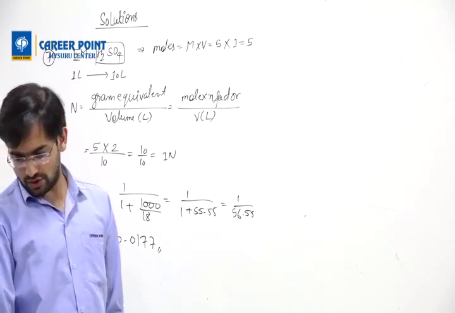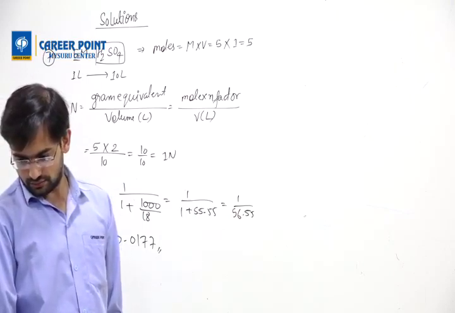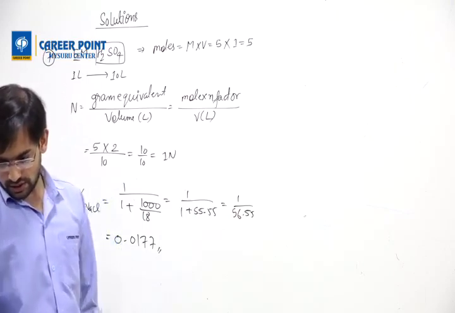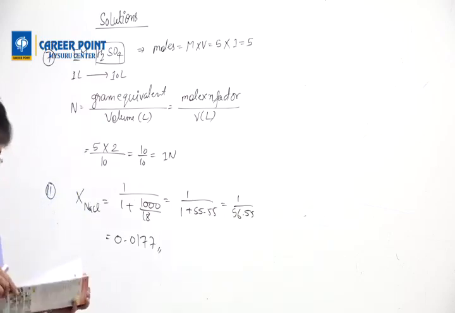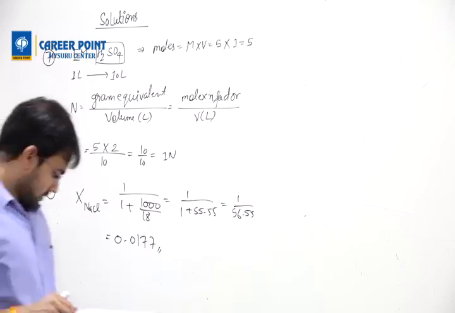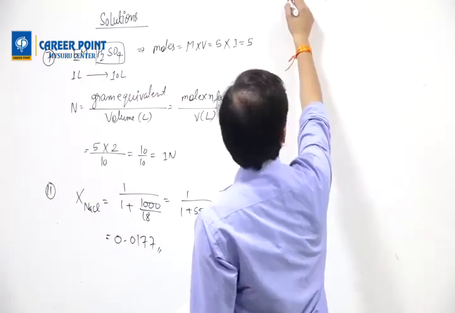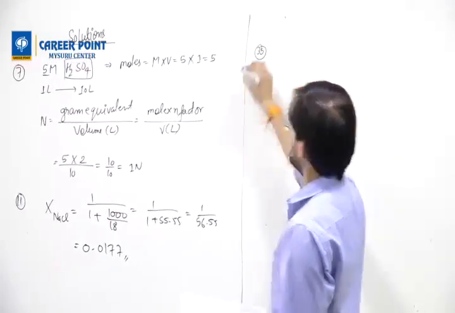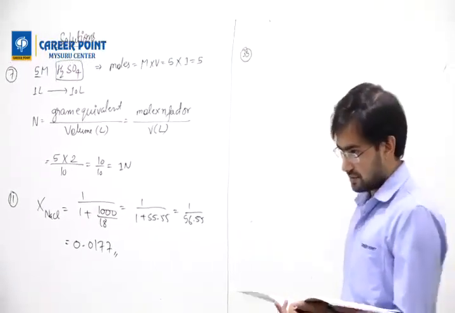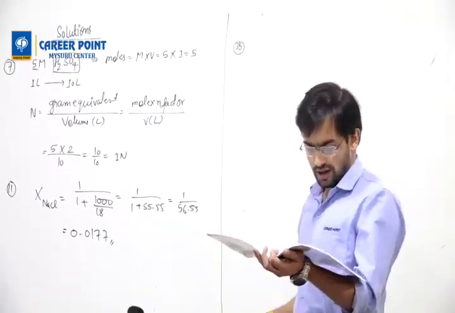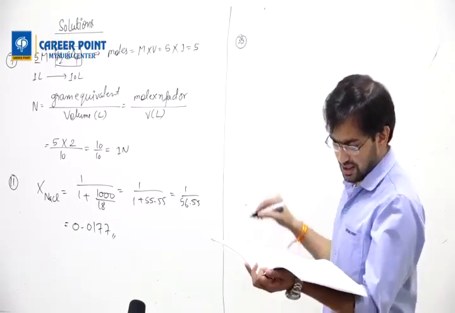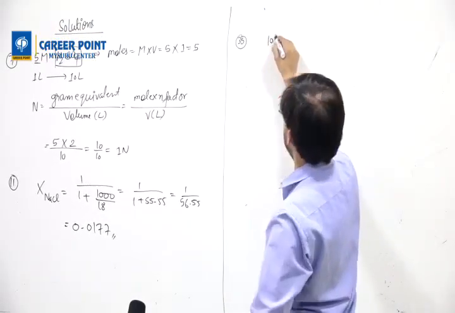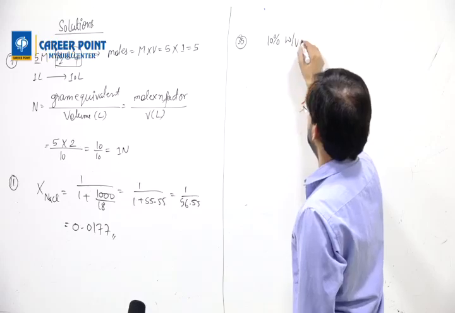Then we have question number 35. Question number 35 says the normality of 10% acetic acid is, 10% weight by volume.